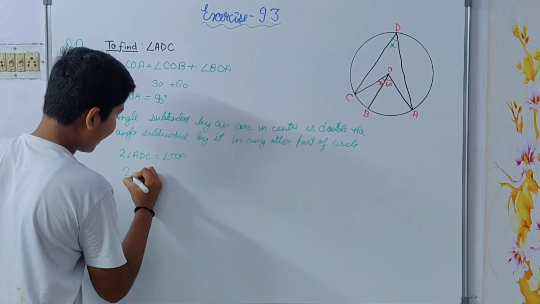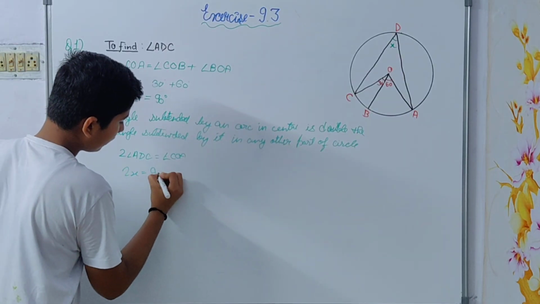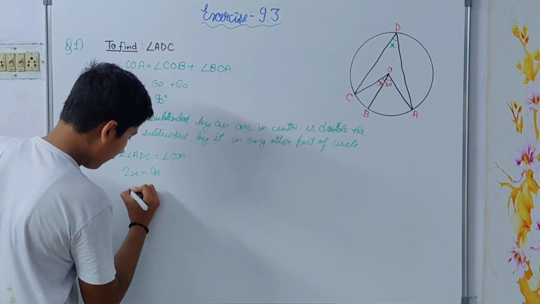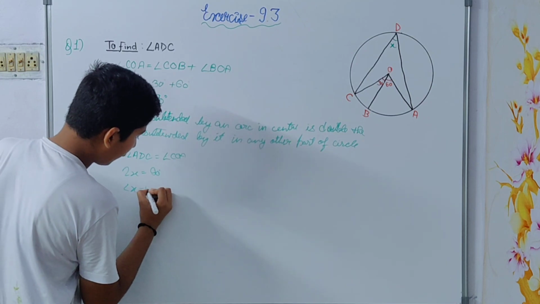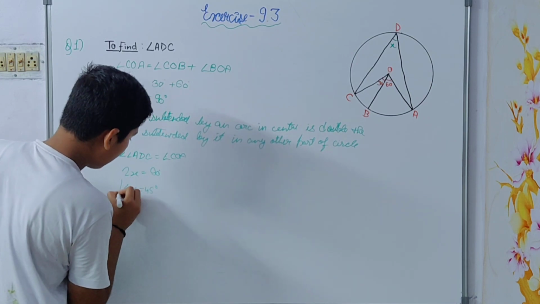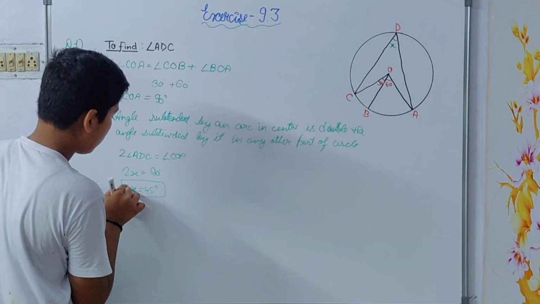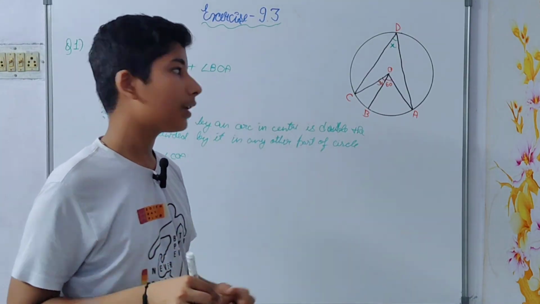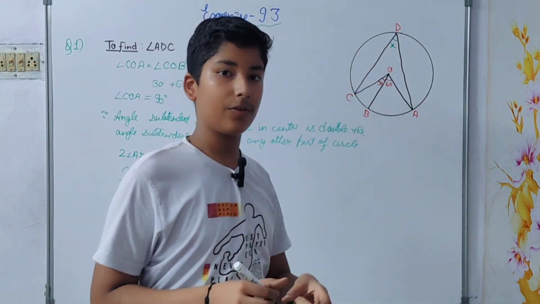So 2x equals 90 degrees, and angle x equals 45 degrees. So this angle is 45 degrees.